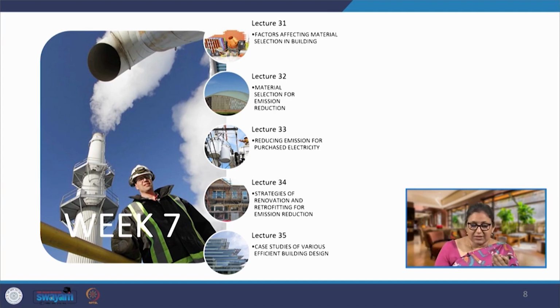Along with that, towards the end of week 7, we started looking at different strategies for renovation and retrofitting. So, not just talking about new buildings and new construction, we were looking at strategies for renovation and retrofitting to reduce emissions, and then we also looked at some case studies of various energy efficient building design and construction to give us an idea of how energy efficiency has been achieved in different buildings and how it would impact the scope 2 emissions.